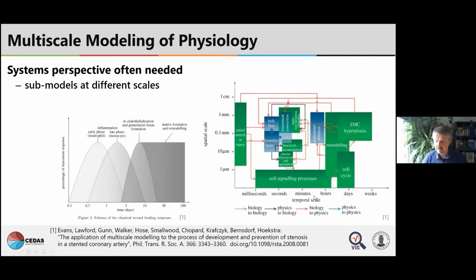And you can see that we have here multiple aspects of this system's picture that range from milliseconds to weeks, as well as from micrometers to centimeters. And they are playing into each other in a quite complex fashion. So setting up these multi-scale models is a big challenge.